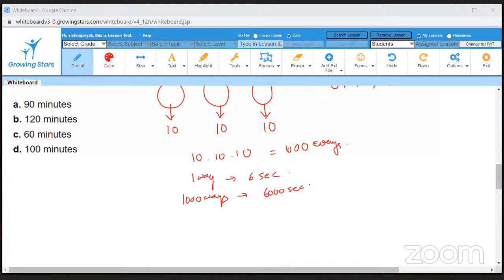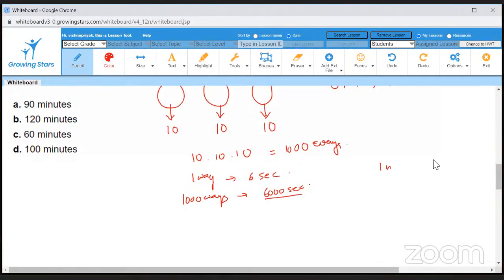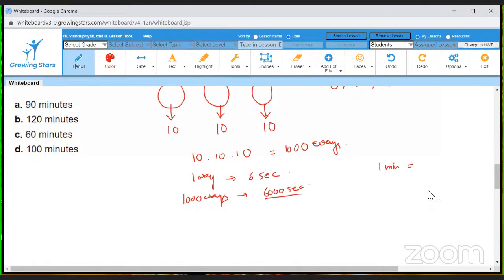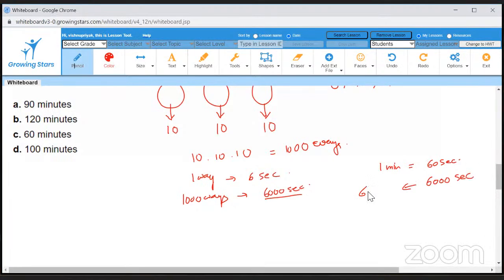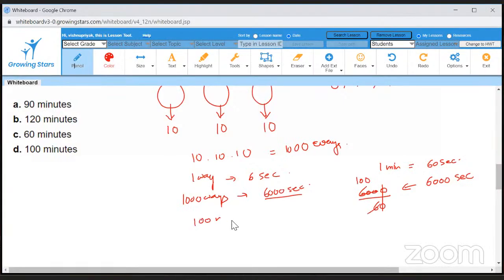So 6000 seconds means what? You have to divide by 60, because 1 minute has 60 seconds. 6000 seconds will be equal to 6000 into 1 by 60. The zeros will cancel, so 100 minutes he will take.